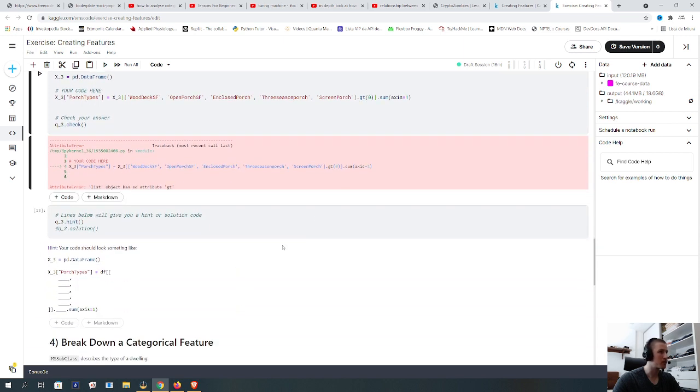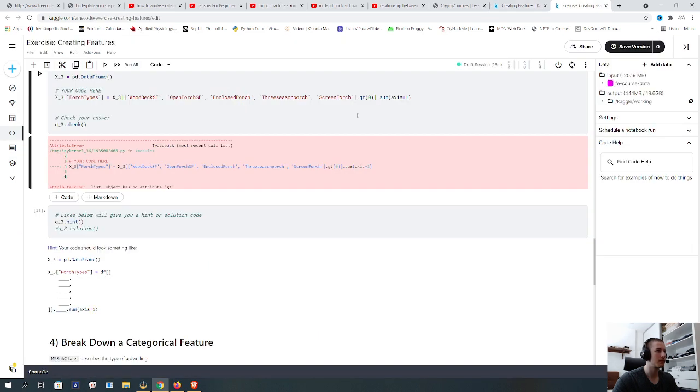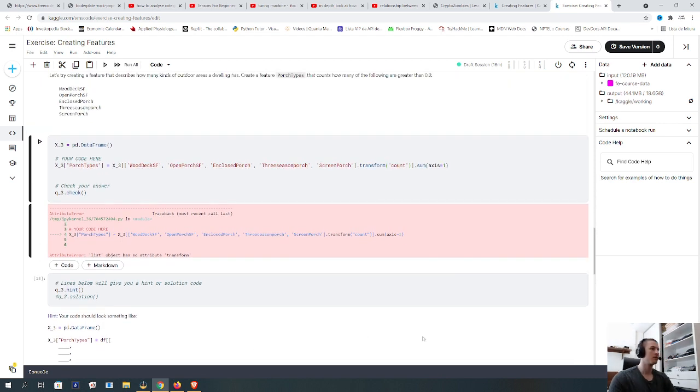So it's count, transform count. This object has no attribute transform. So maybe just count. Dot apply count maybe.